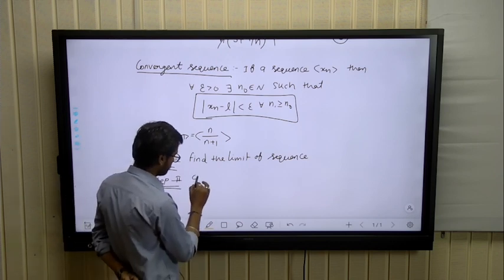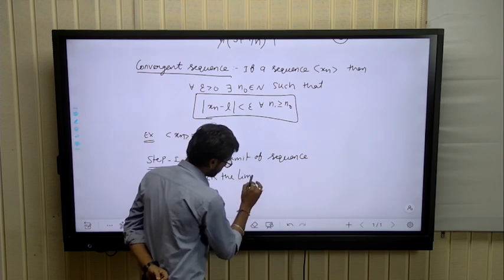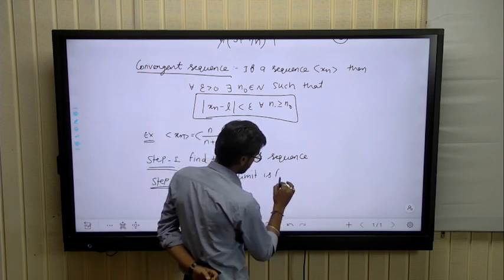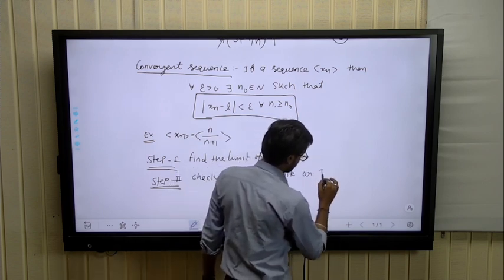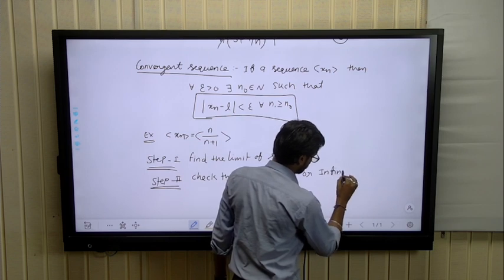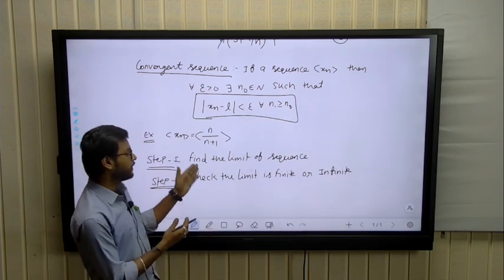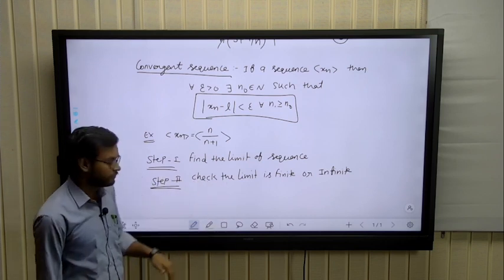Second step, check whether the limit is finite or infinite. First you find the limit of the sequence, second you check whether the limit is finite or infinite.